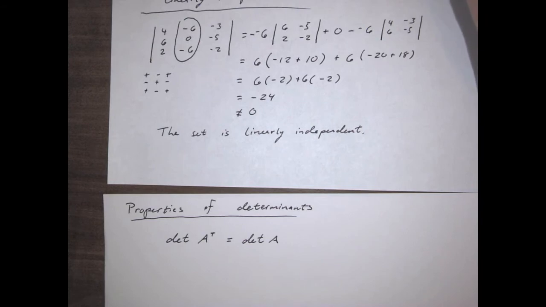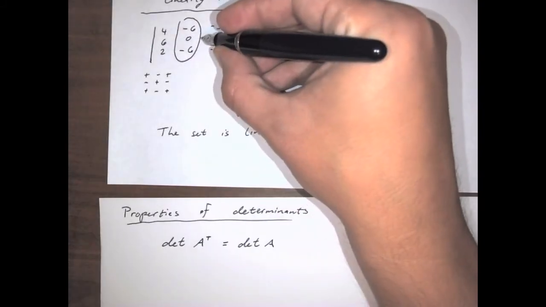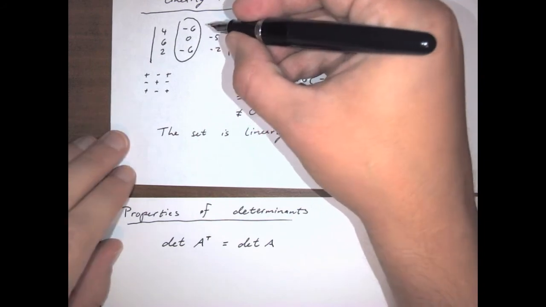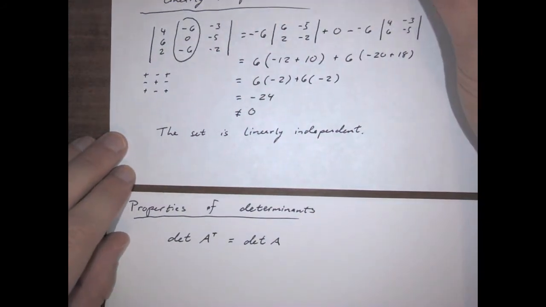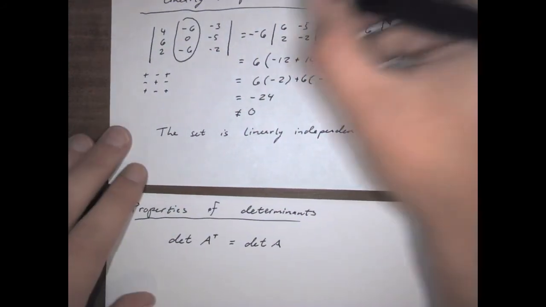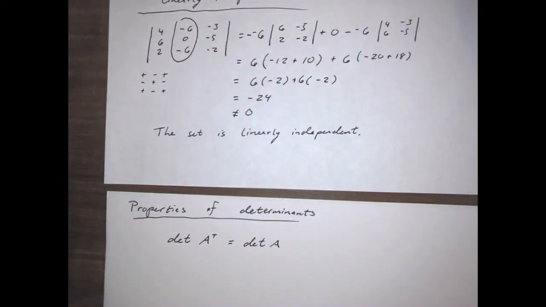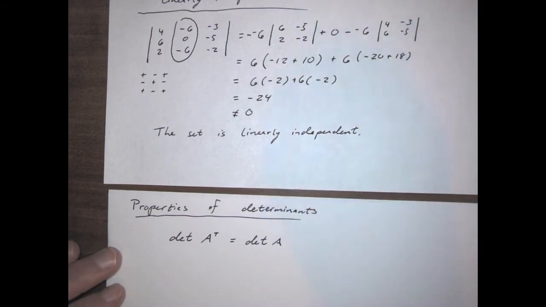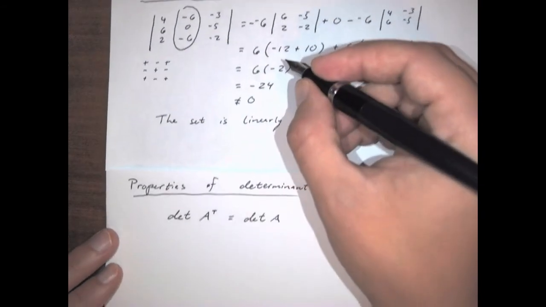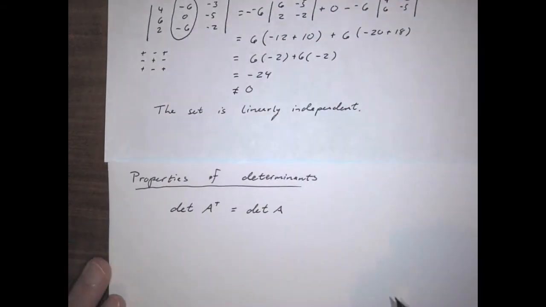And the reason why this is true is just think about the process of finding the determinant. So if we were to expand along, say, column 2 before, then we would get the exact same numbers were we to take the transpose and do row 2 instead. And the calculation would be exactly the same as what it was here. So the determinant of the transpose will still be the same as the determinant of the original matrix.